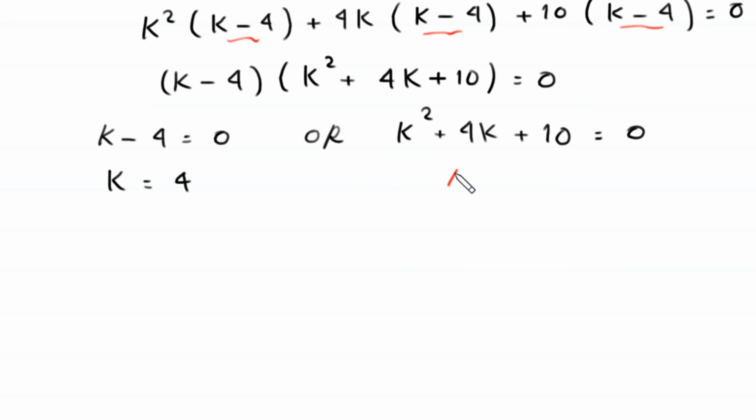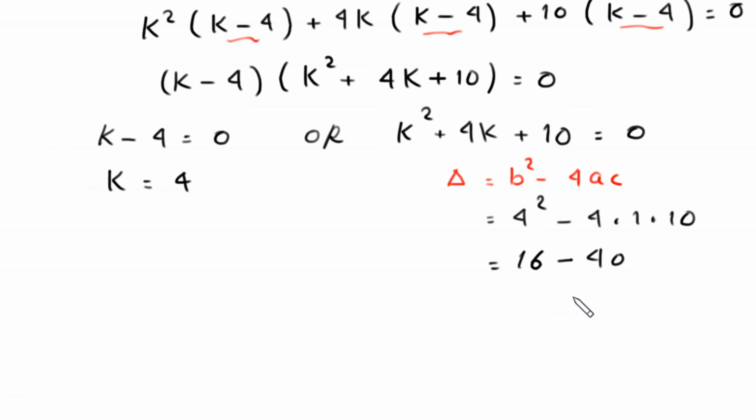And from this equation we see that the discriminant, that is also called delta, is equal to b squared minus 4ac. We see whether this is less than 0 or greater than 0. Since b is 4, this will become 4 squared minus 4 times a is 1 times c is 10. 4 squared will become 16 minus 40, and 16 minus 40 is negative 24.